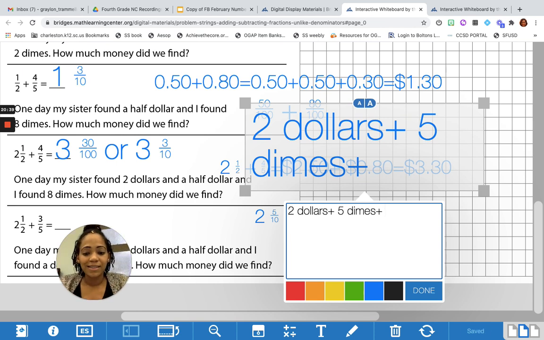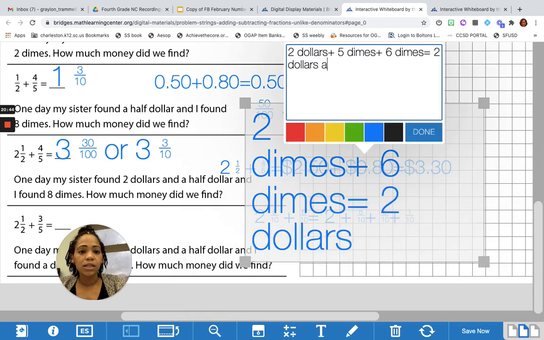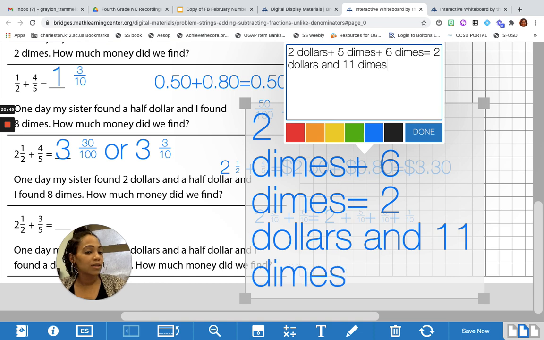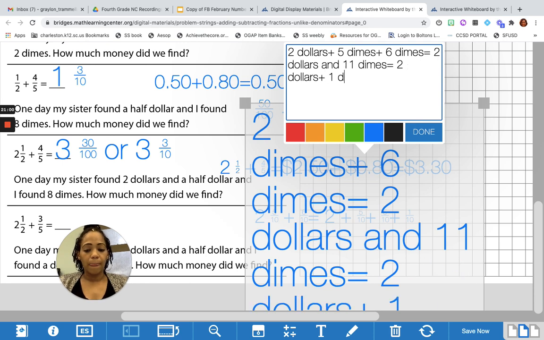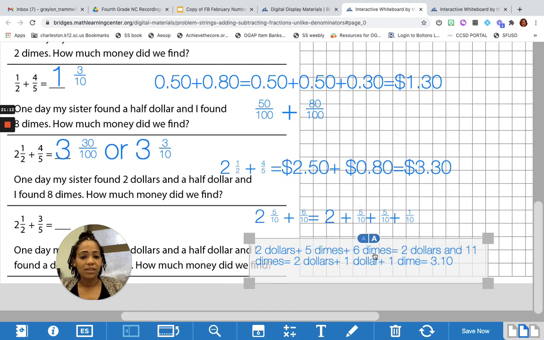So I have 6 dimes, and I can combine that to being $2 and 11 dimes, and we'd have to break our 11 dimes up into 10 dimes and 1 dime, which still gives me another $1 and 1 dime left over. Which is still $3.10.